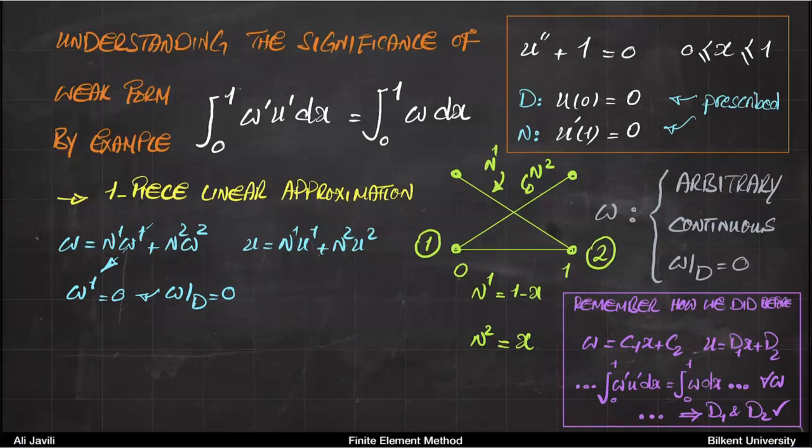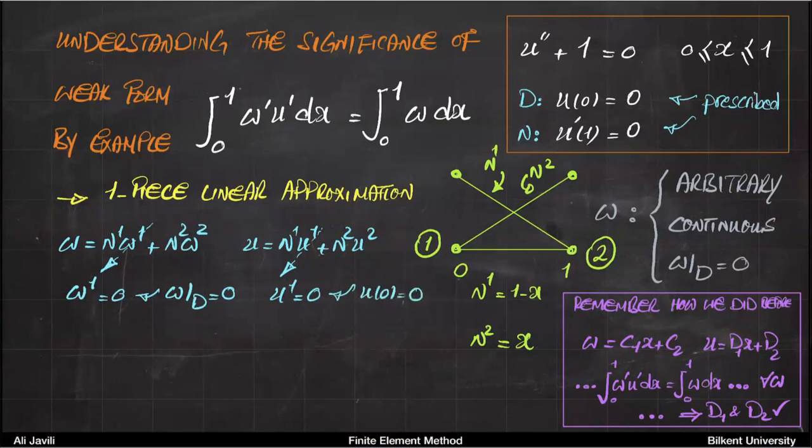All right. For u1, now we play the same game. You already know what the value is. Here u1 is just 0. It's the displacement at point 1, which is given because we know u at 0 is 0.